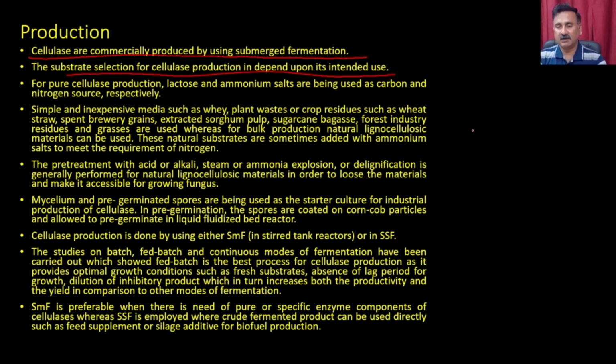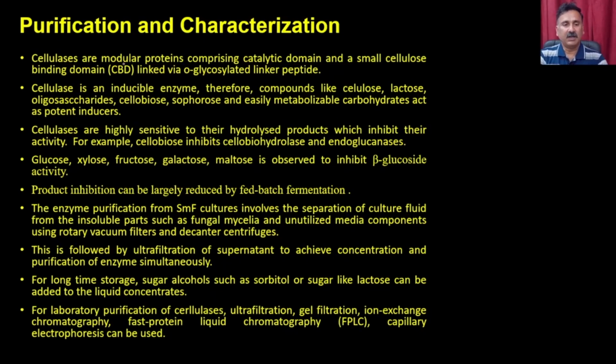Once you produce the cellulase in the organisms, you are going to isolate and characterize the cellulases. Cellulases are modular proteins comprising a catalytic domain and a small cellulose binding domain linked via O-glycosidic linker peptides.